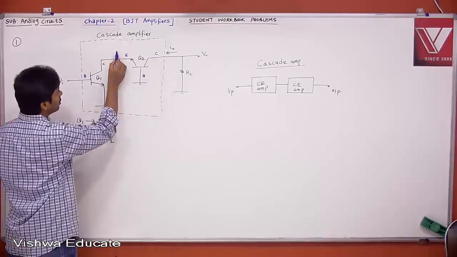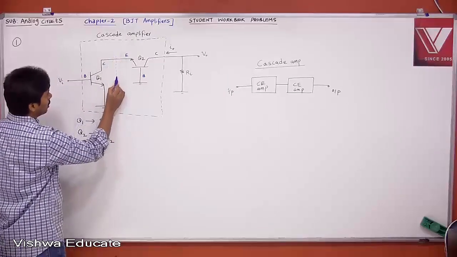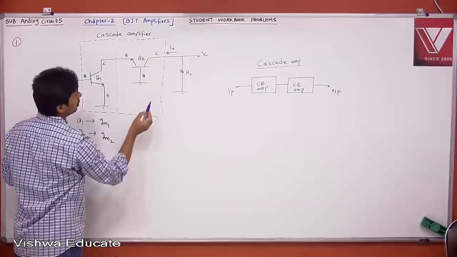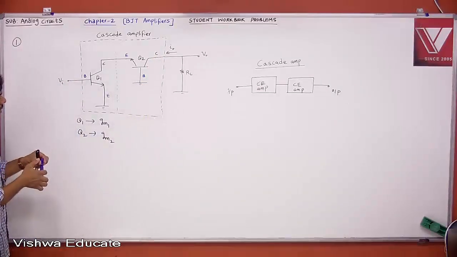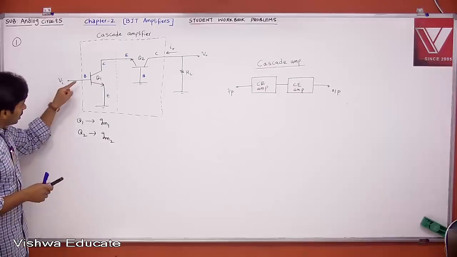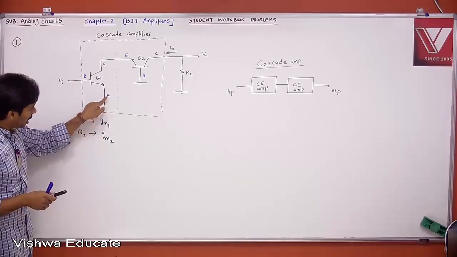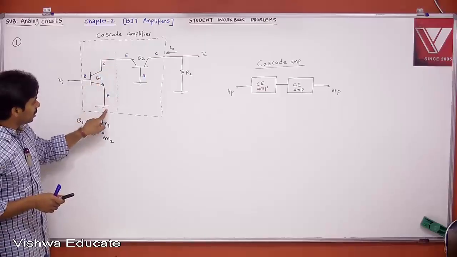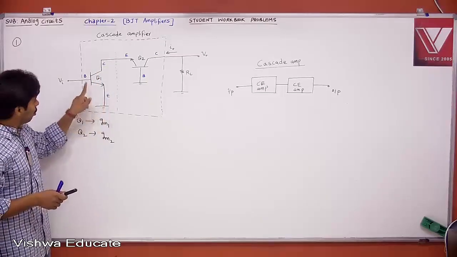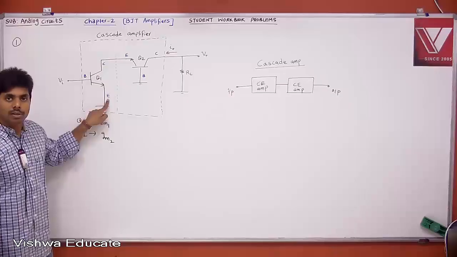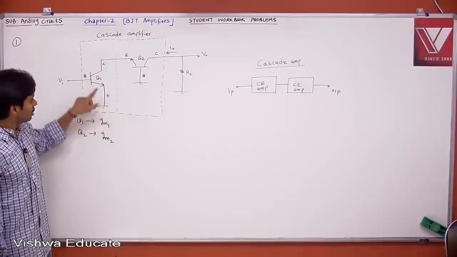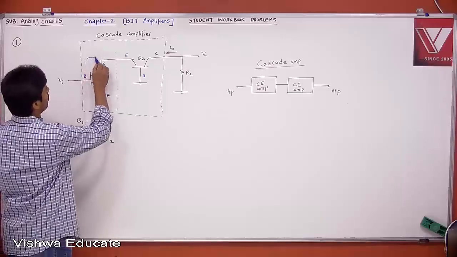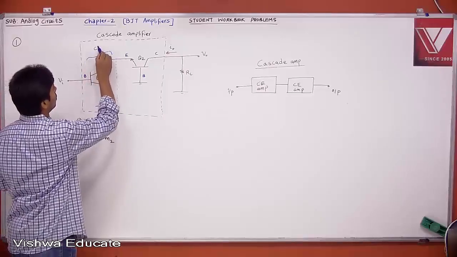If I say this is stage 1 for transistor Q1 and this is stage 2 for transistor Q2, then for Q1 we are applying input voltage at the base with respect to ground, emitter is at ground. We are taking output voltage at the collector with respect to ground, emitter is at ground. For both input and output, emitter is common. If emitter is common, this is common emitter configuration. This is CE.